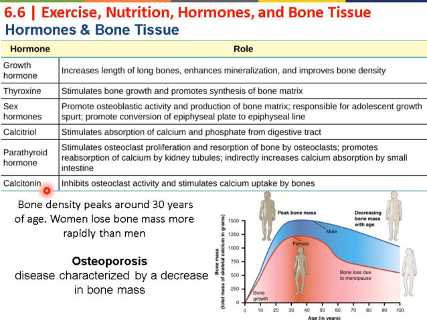Calcitonin has the opposite action of parathyroid and calcitriol, because it inhibits the osteoclast activity and stimulates the calcium uptake.